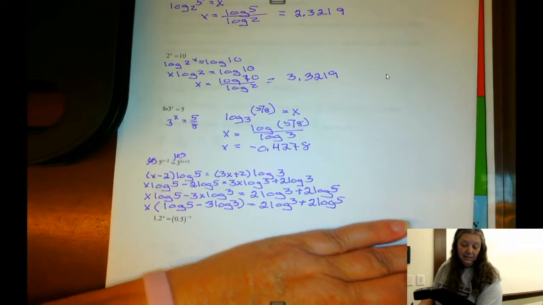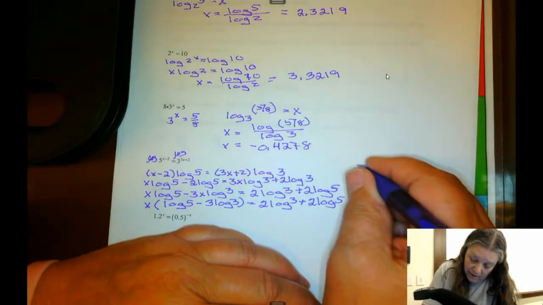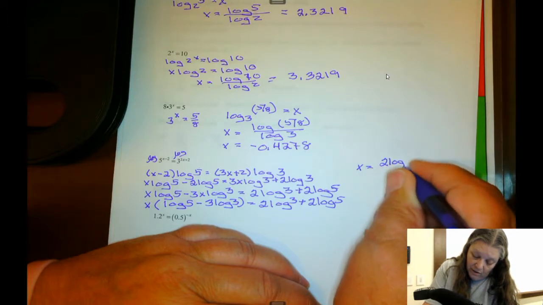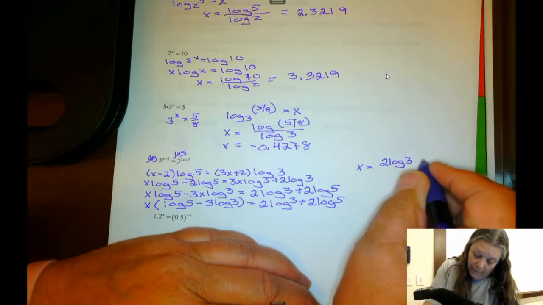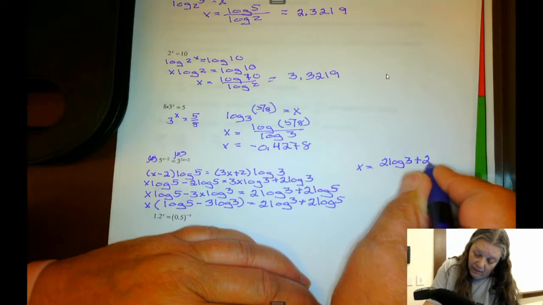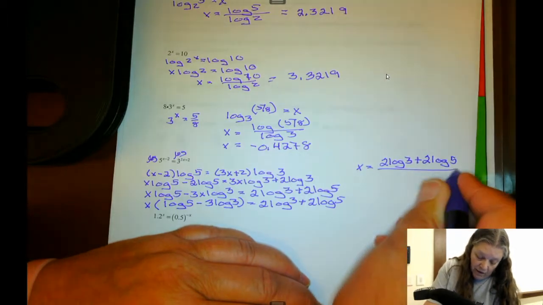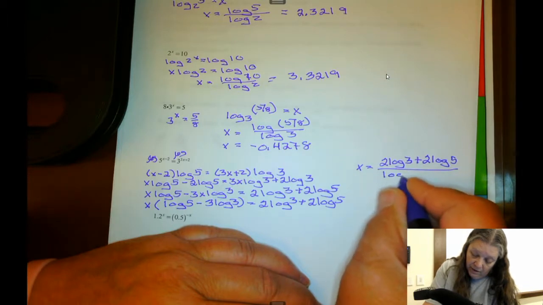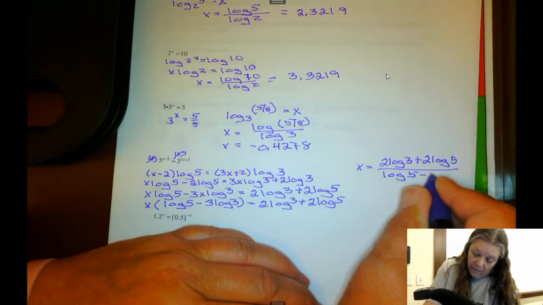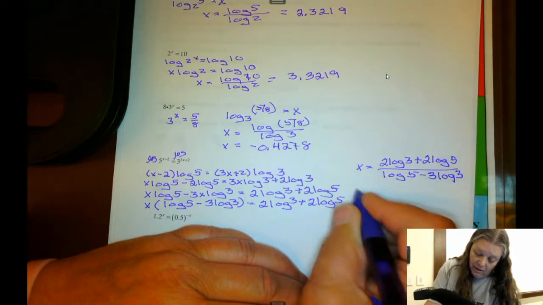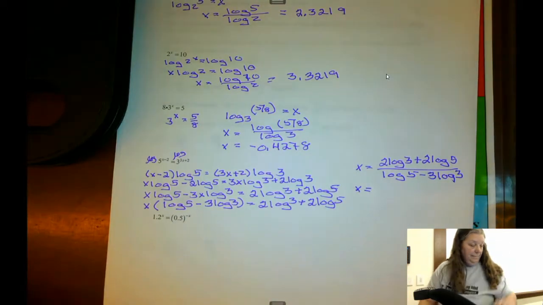So x is 2 log 3 plus 2 log 5 over log 5 minus 3 log 3.